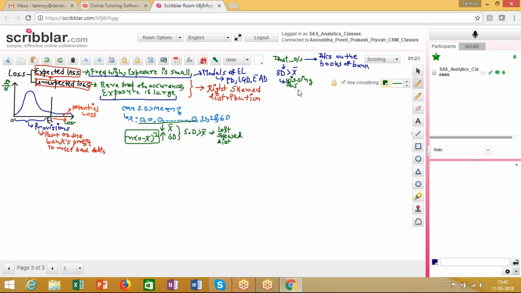So this is how, by using these descriptive measures and looking into these variables, we can make out important insights from the data. That is very important.